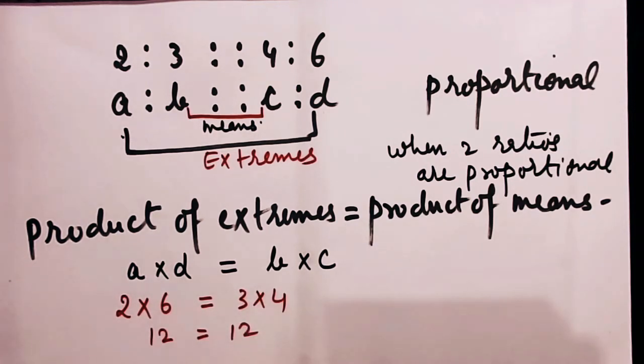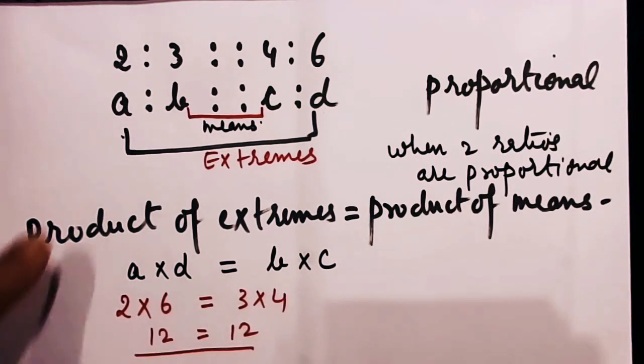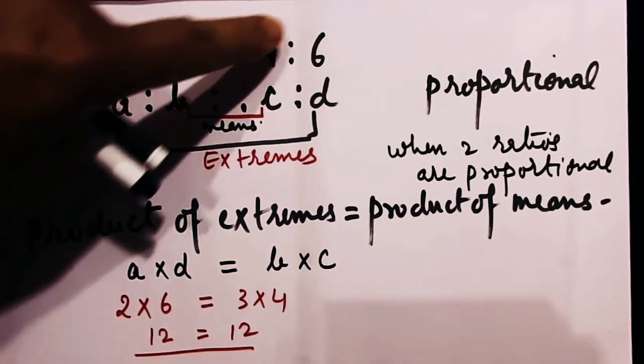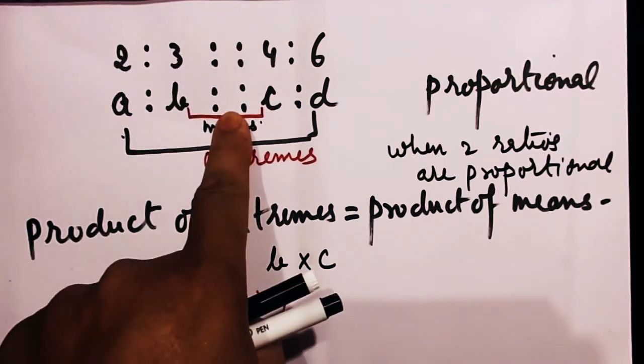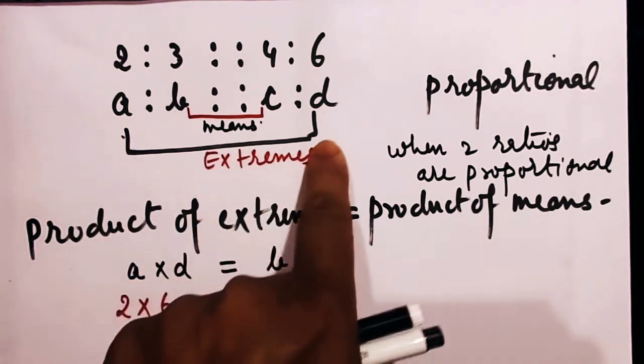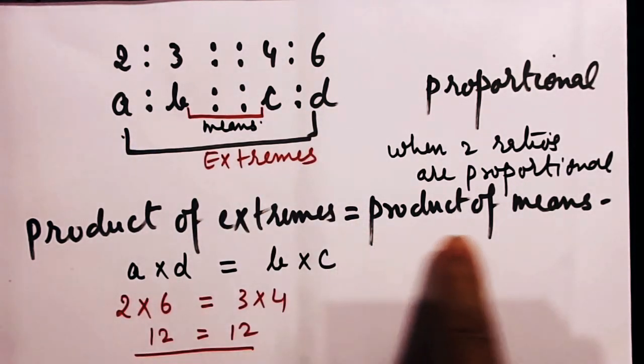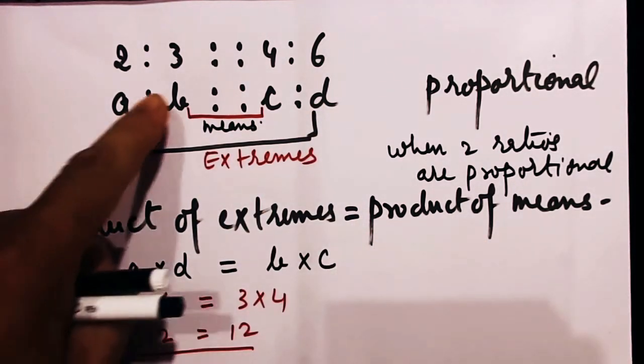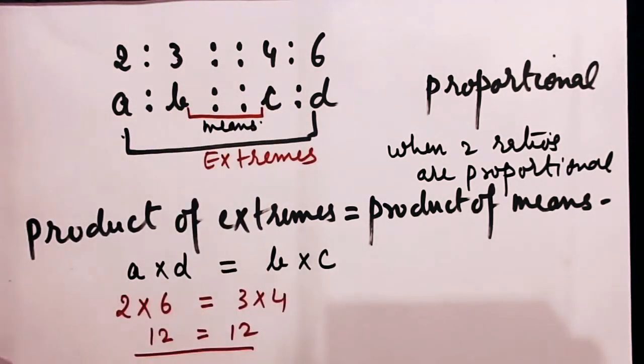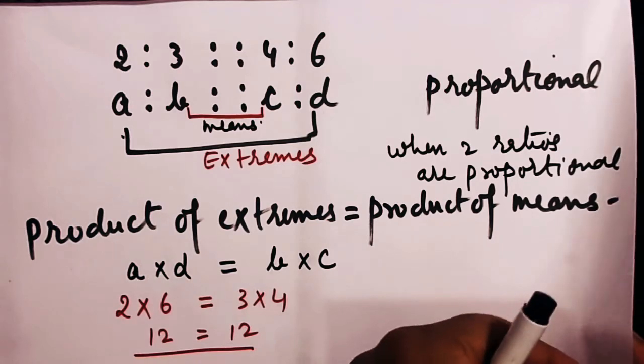So you can say that when the ratios are proportional, then the product of the extremes will be equal to the product of means. Now since you have understood this, we shall be starting our exercise, that is question number 1.